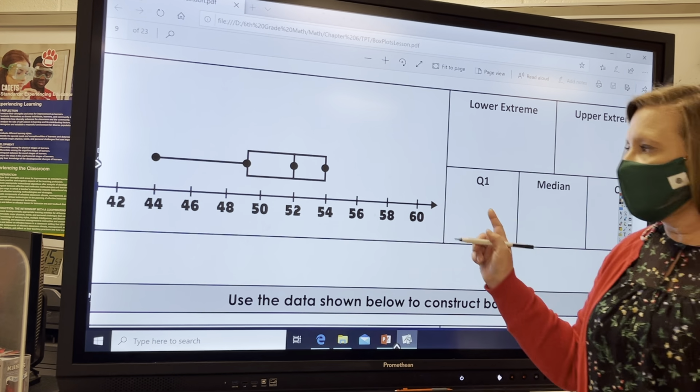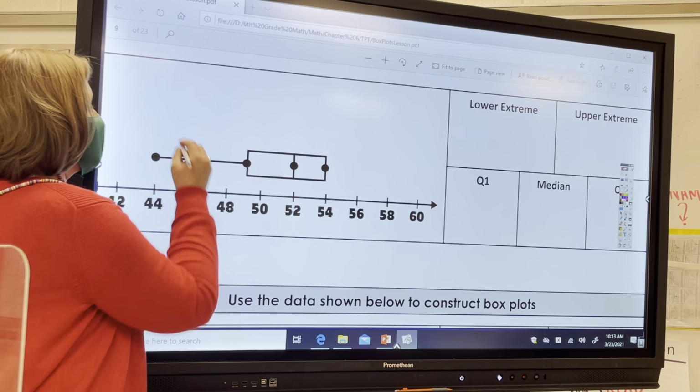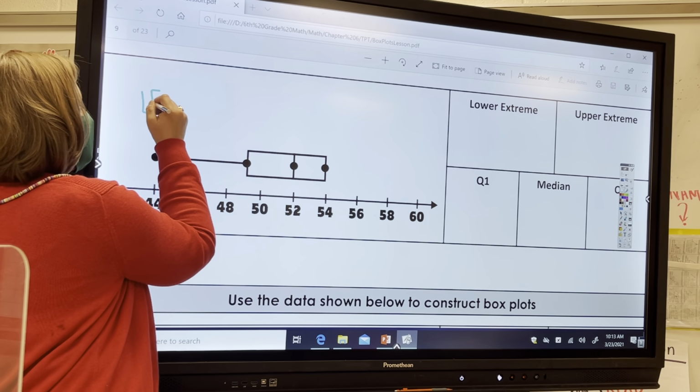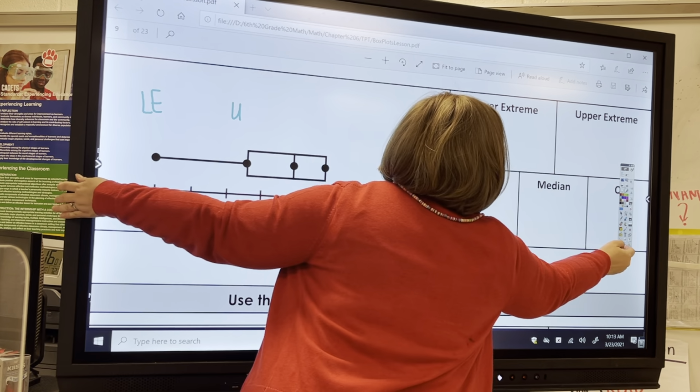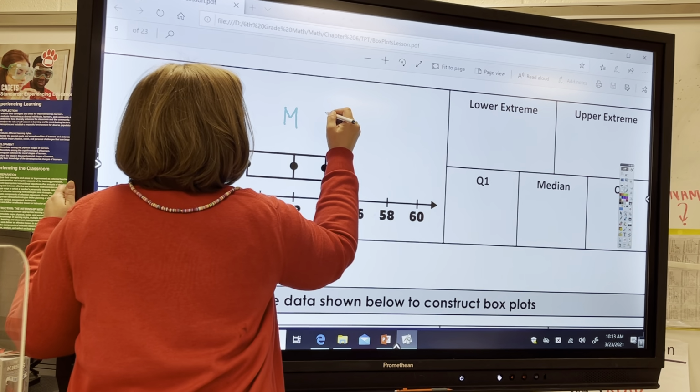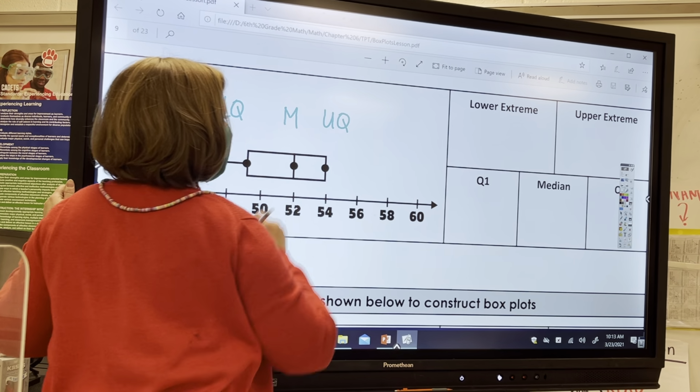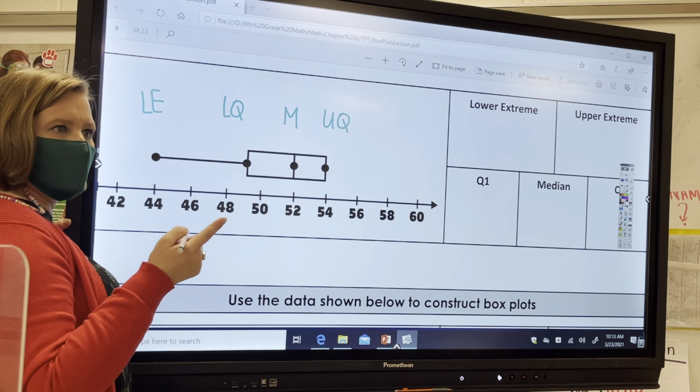Let's look. When I looked at Emily's paper, this is what she has. She has lower extreme, then lower quartile, median, and upper quartile. Well, there's no whisker.